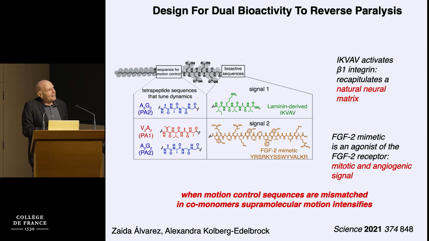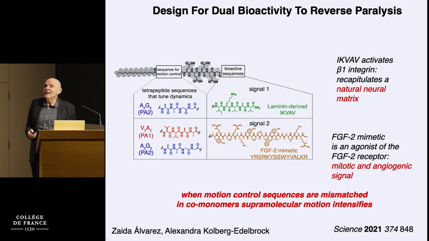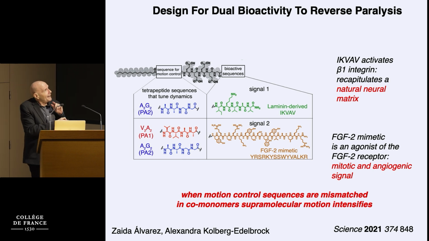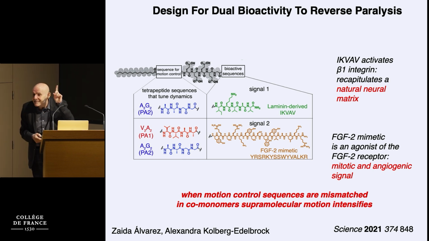And what's happening is that there's a lot more motion. The reason is when you have the same peptide in both, they mix, and it's almost like they're kind of frozen. They don't move very much. But when they have different tetrapeptides, and now we know that A2G2 hates V2A2, they don't like to mix.